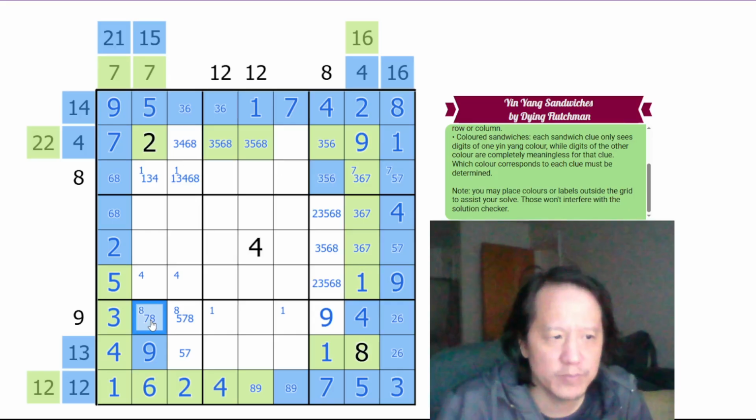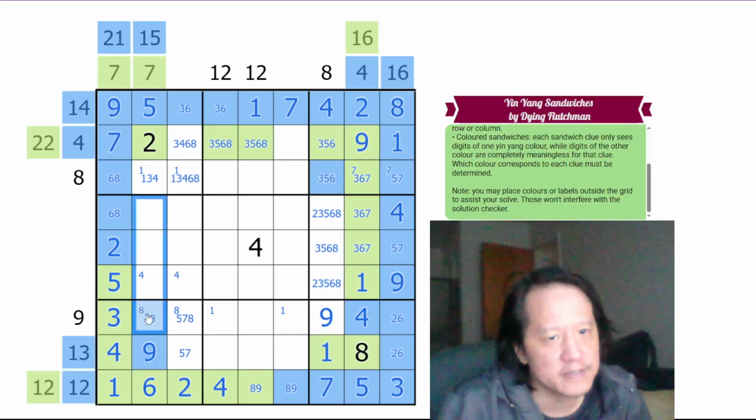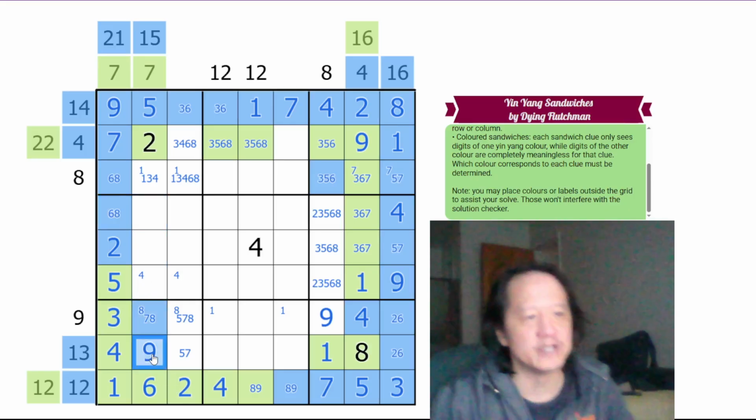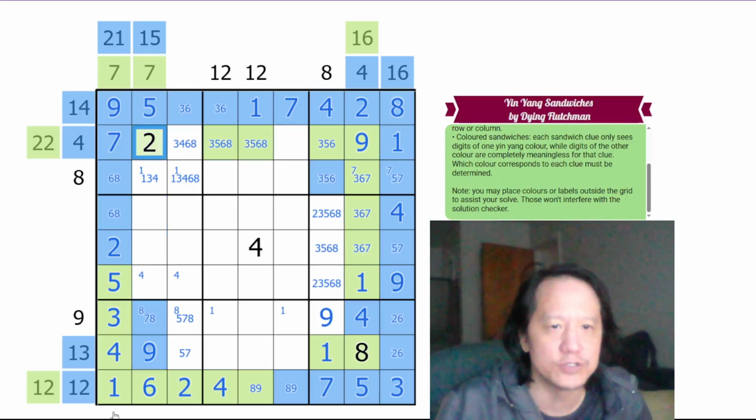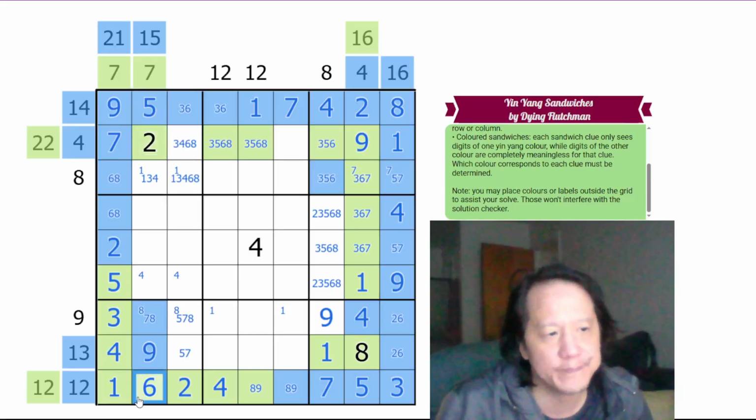Can 7 be between... no. You have to have 8 and some other digit in between the other ones, and that means it has to be 9. So then if you try to have a 7 in between 2 and 6, that doesn't work.